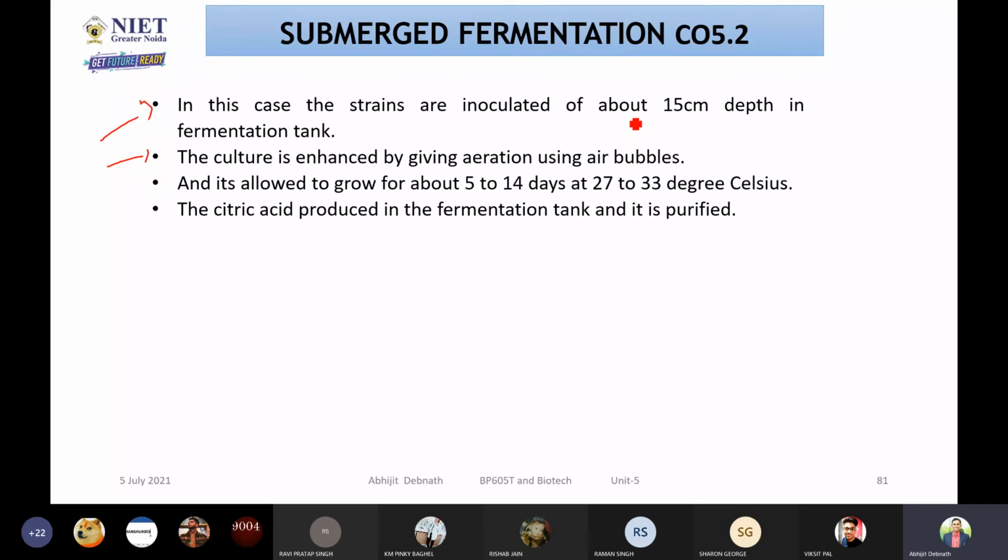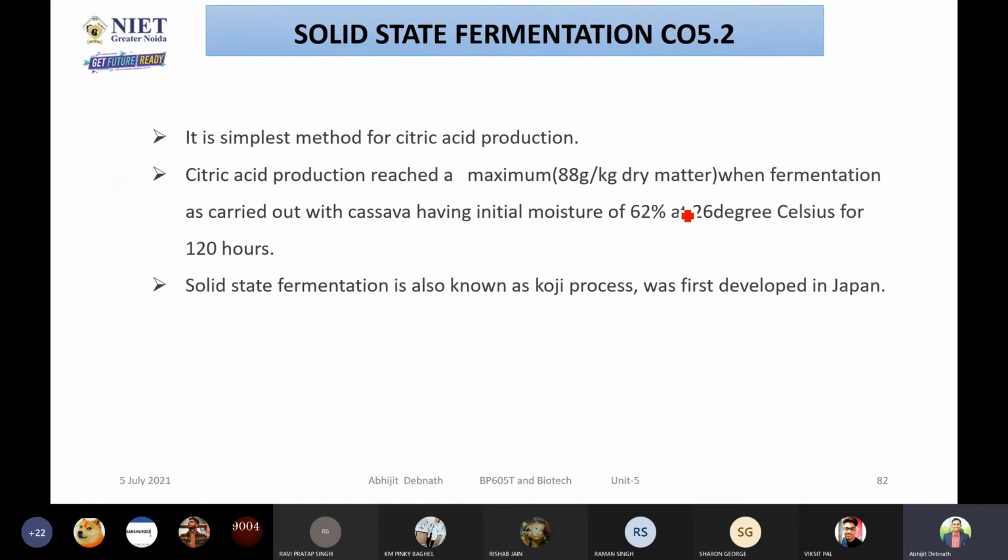In submerged fermentation, everything remains submerged, and it will be submerged I think for 5 to 14 days at a temperature of 27 to 33 degrees centigrade. It will be produced in the fermentation tank and then purified. Or you can go with a very simple technique, which I told you in my previous lecture, called solid state fermentation.